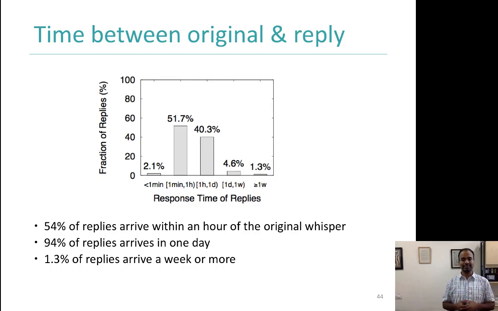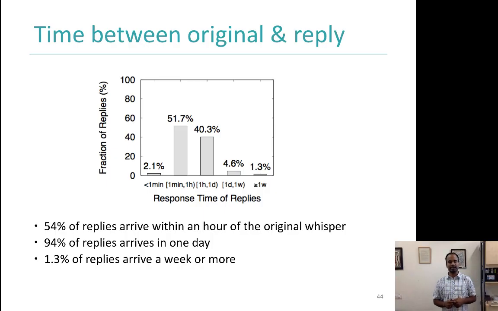So here, the x-axis is the time again: less than 1 minute, 1 minute to 1 hour, 1 hour to 1 day, 1 day to 1 week, and greater than 1 week. The y-axis is the fraction of replies, which shows you the proportion of replies that the whisper gets.